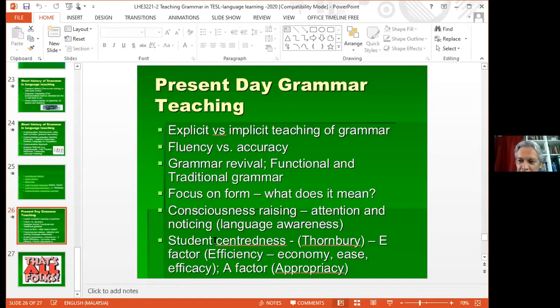Economy means we have to decide what we will teach and what we won't teach, because of the time that we have in the classroom, or in a semester. So we have to look at it in terms of economy. It's almost impossible to say that we want to teach everything in grammar, because that's just too many things to teach.